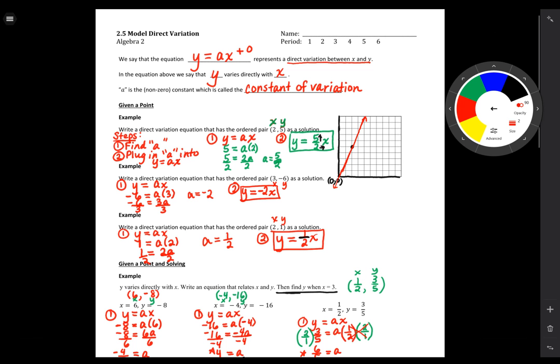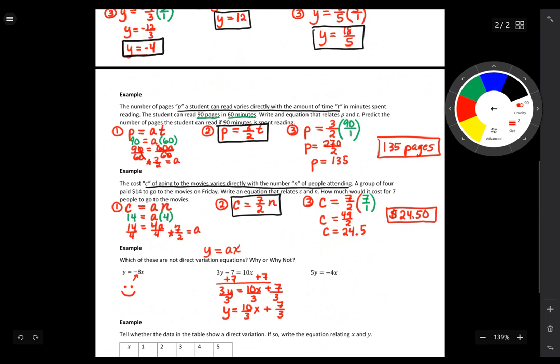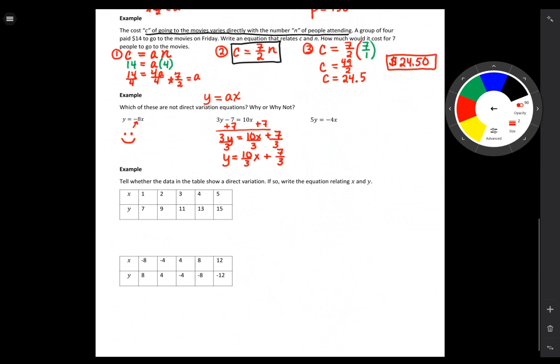So I'm going to put y-intercept is always 0. Right? So that will make this a lot easier. This right here is not 0. And that's your reason. So no, it's not. Okay.